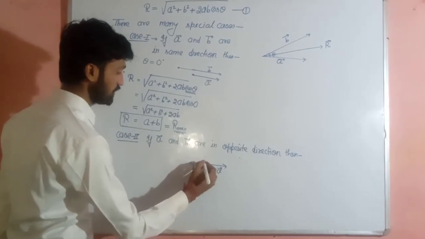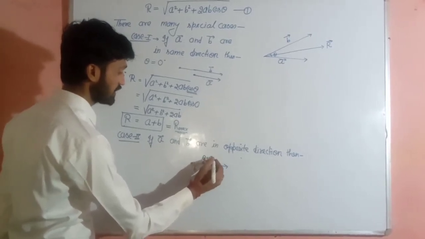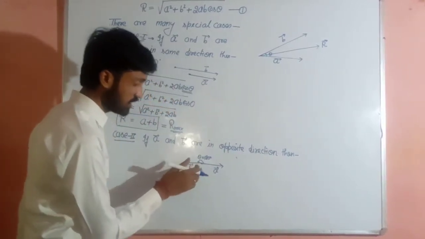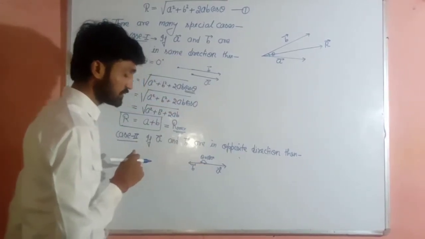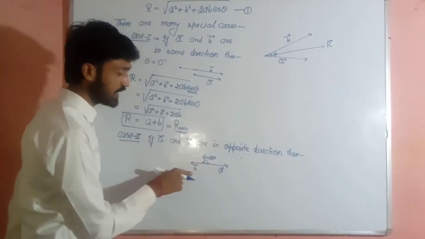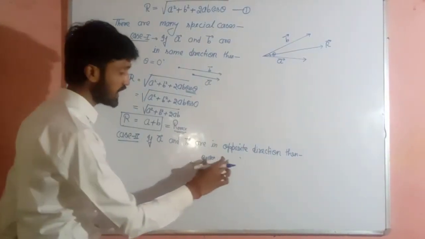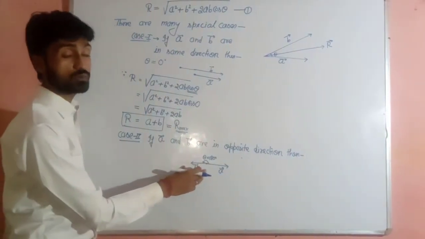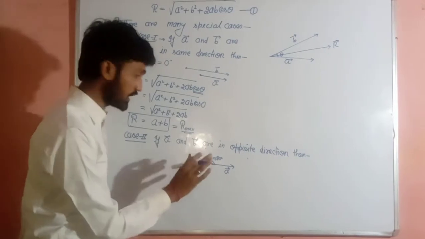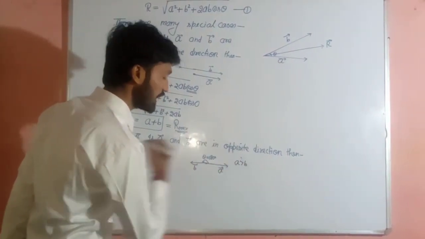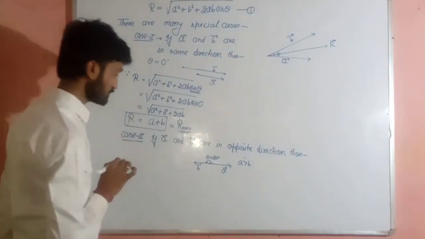Then this angle will be theta equals 180 degrees. See here clearly, I consider here the magnitude of A is greater than the magnitude of B, because the length of the arrow of vector A is greater than the length of the arrow of vector B.